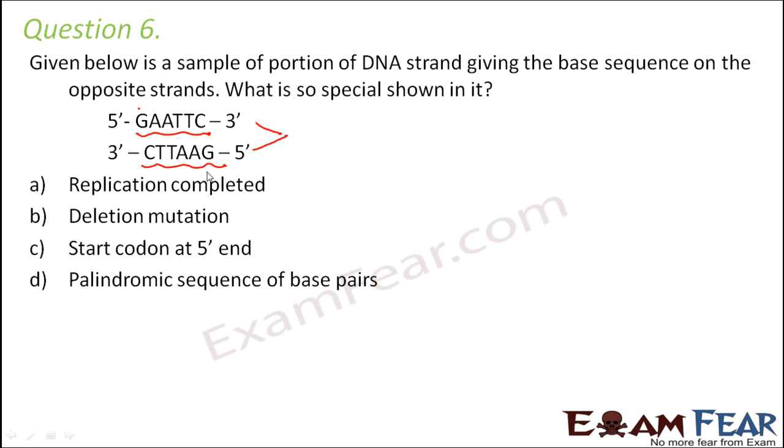If you read it from this side, it is again the same, GAATTC. So basically this DNA sequence reads the same forward and backward. So this is called a palindromic DNA. Therefore, here it is a palindromic sequence of base pairs.